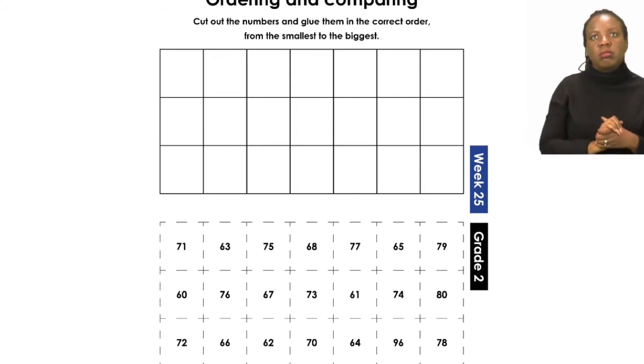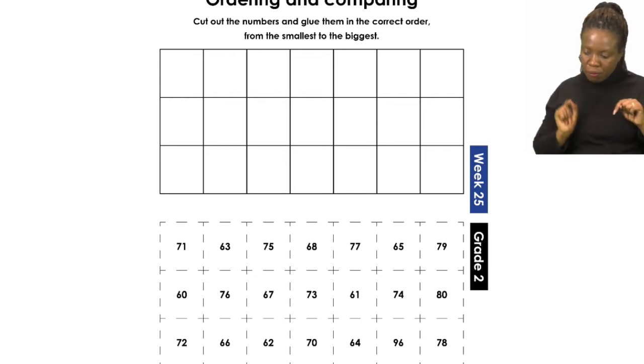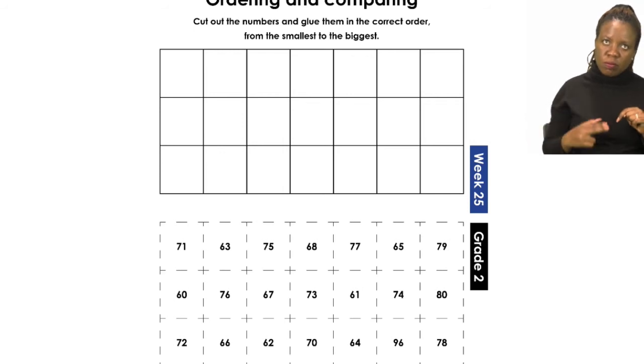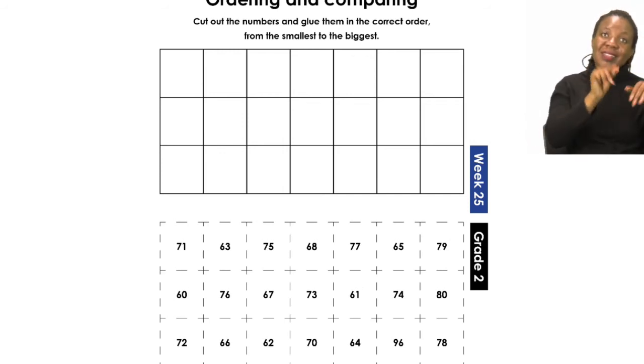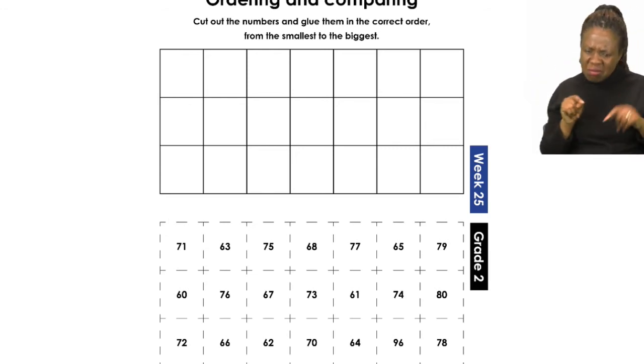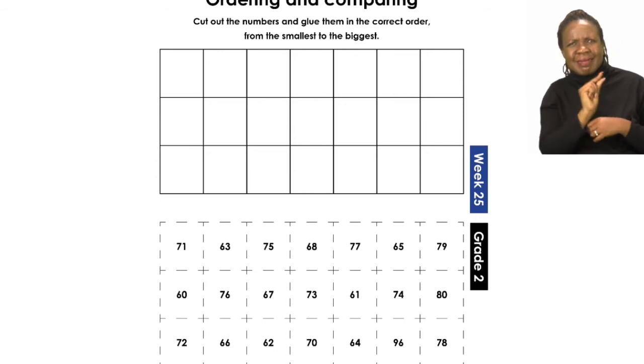Okay, now you can then take the numbers at the bottom and cut out each number, and then you have to paste it on the blocks on top. Now, if you look at the numbers at the bottom, which number do you think is the smallest number?